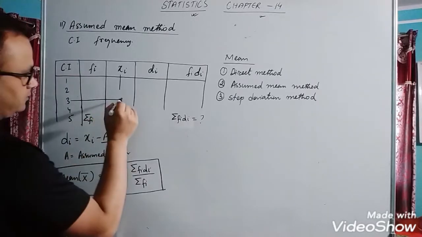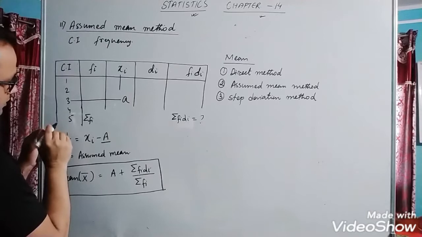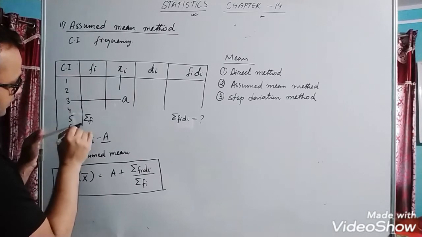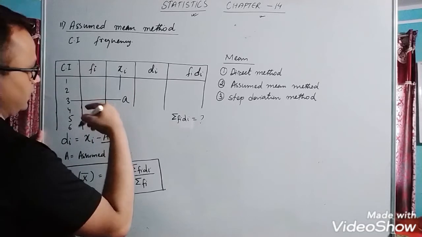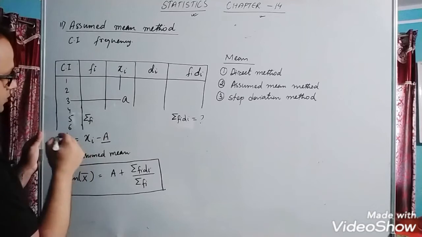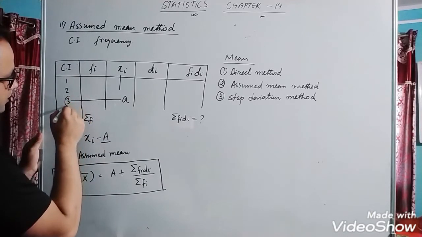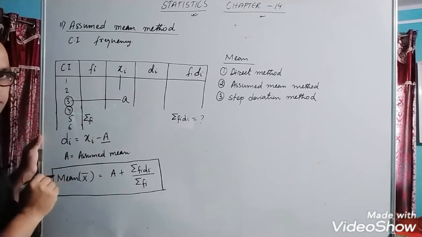If there are 6 class intervals, we can select either the third interval or the fourth interval.